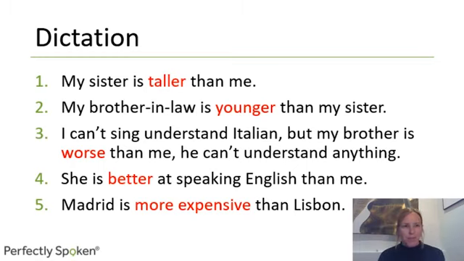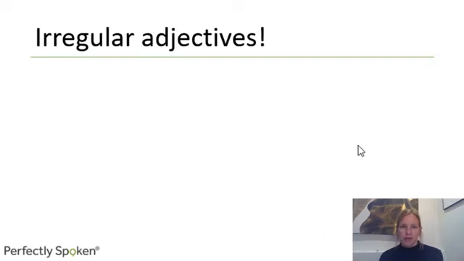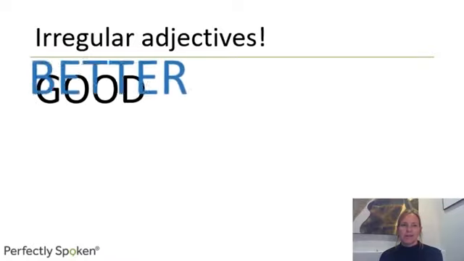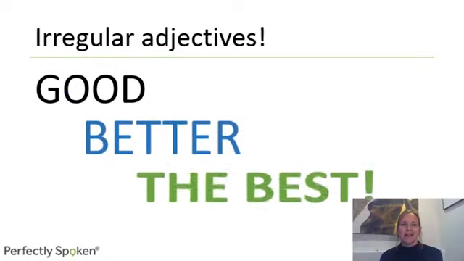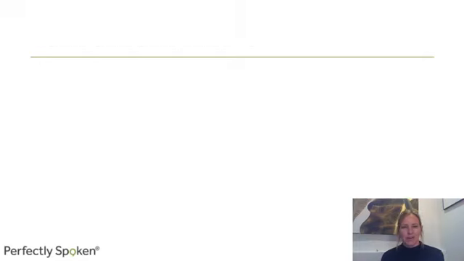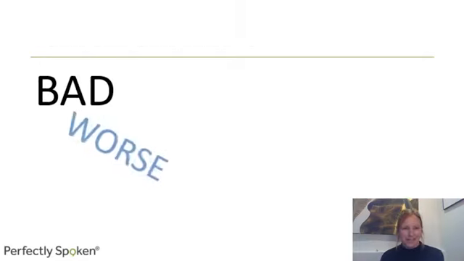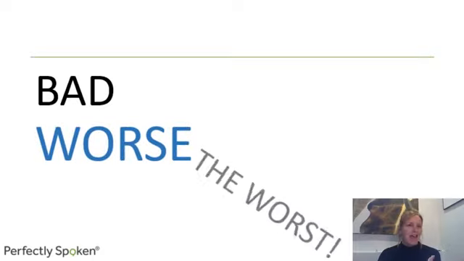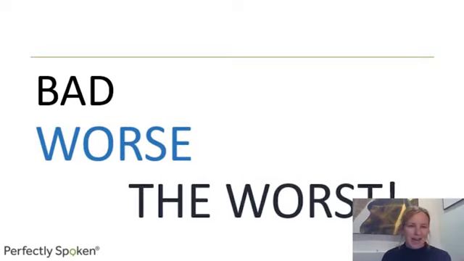Okay, do you remember? Now, if I just want to remind you about the irregular adjectives. So you've got good, better, and the best. Or bad, worse, the worst. Okay. All right, very good.